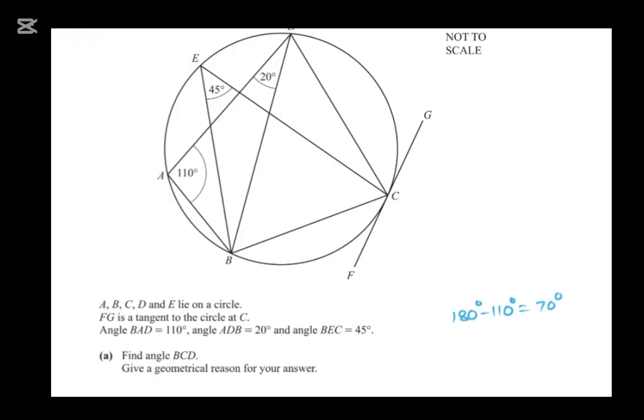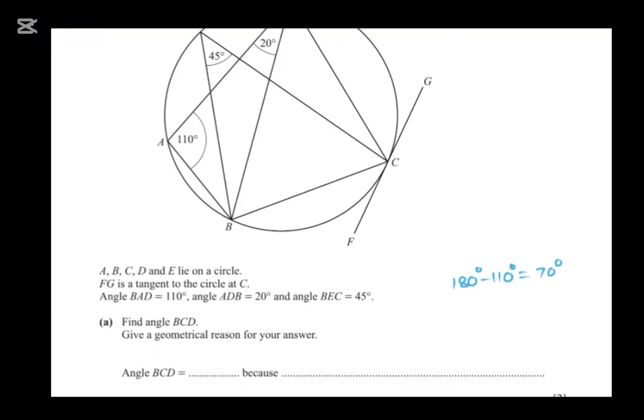So you can write here angle BCD is equal to 70 degrees, because opposite angles of a cyclic quadrilateral add up to 180 degrees. This is question A done.